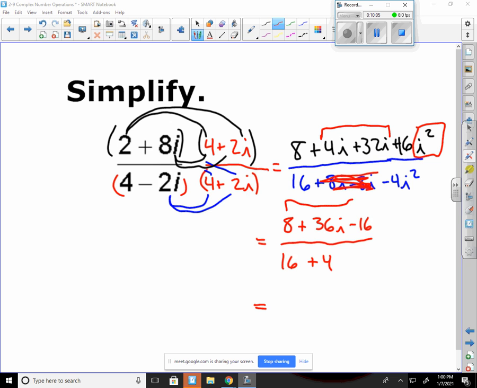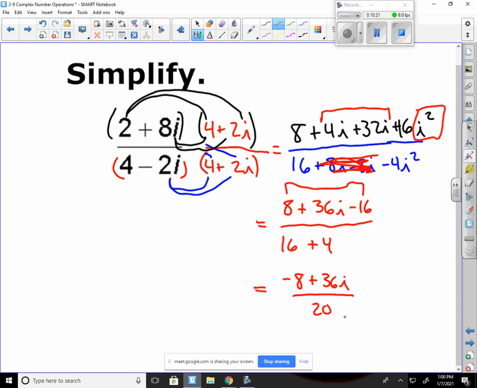The last step is to simplify. I can do 8 minus 16, which is negative 8, plus 36i over 16 plus 4, which is 20. All of these numbers are divisible by 2.